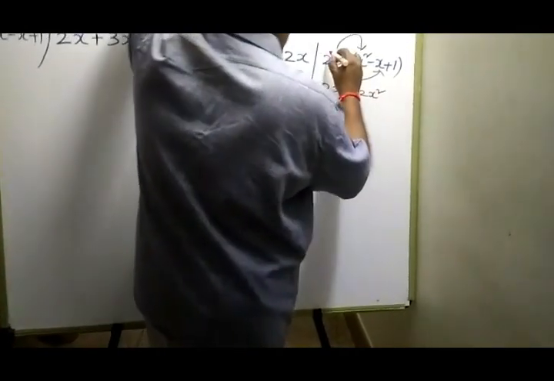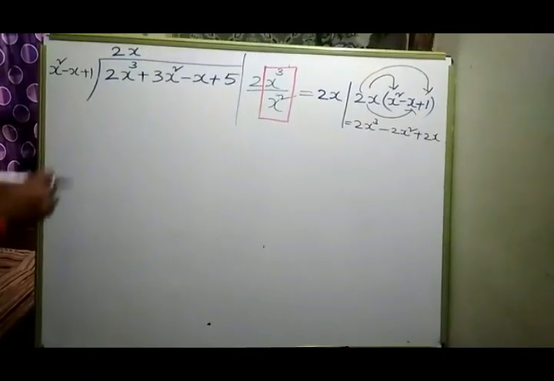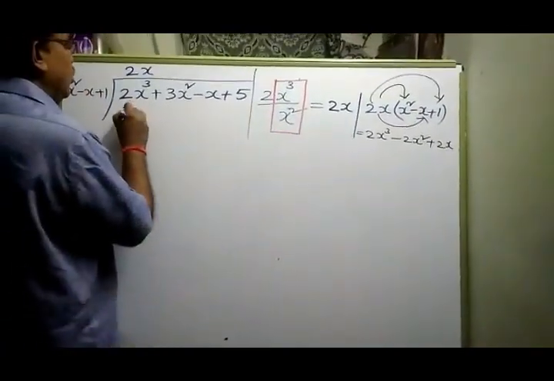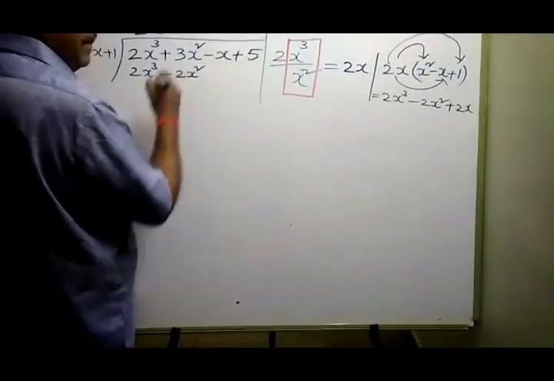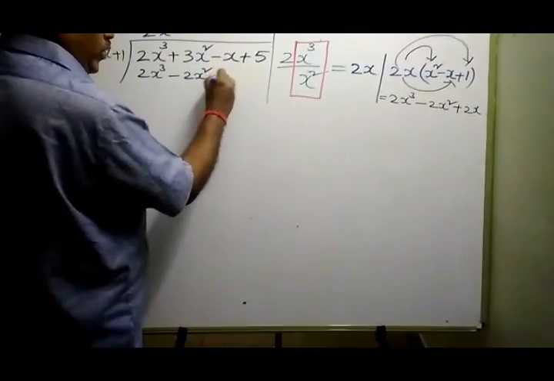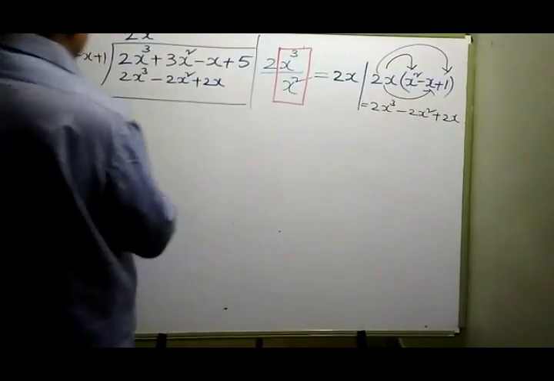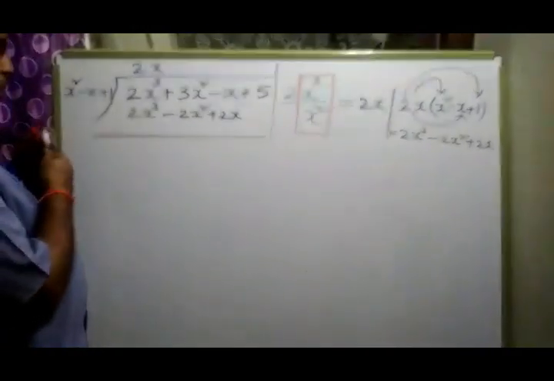Next one, 2x into 1, it is very simple, plus 2x. Place this result below the dividend. What is the result? 2x cube minus 2x square plus 2x. Line up the terms. Now subtraction, you know very well, subtract. In the long division method, what is the sign for plus 2x?